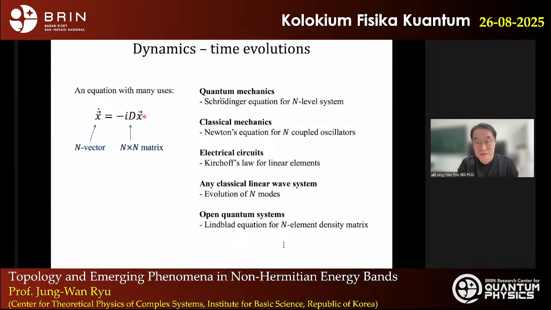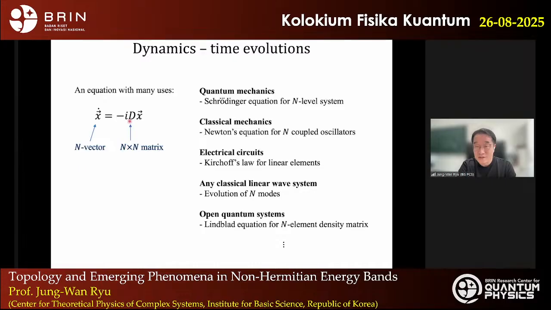And this equation can describe classical mechanics, that is a Newton equation for n coupled oscillators. And in electric circuits, this can describe the Kirchhoff law for linear elements. And in linear wave systems, this is the evolution of n modes. And in open quantum systems, this equation is the Lindblad equation for an n-element density matrix. There are so many physical systems which can be described by this linear equation.